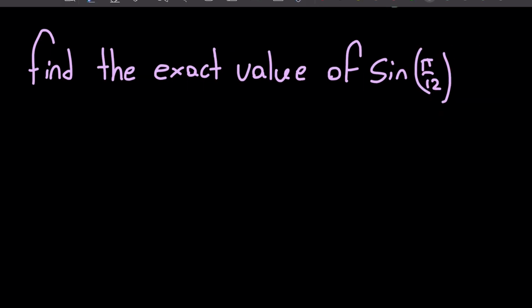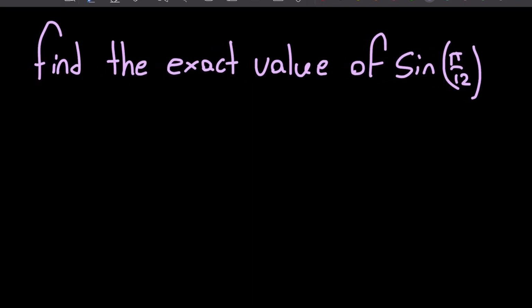So let's say we have sine of pi over 12. Pi over 12 is the same thing as pi over 3 minus pi over 4. If you don't believe me, you could just work that out and you'd get this same answer.